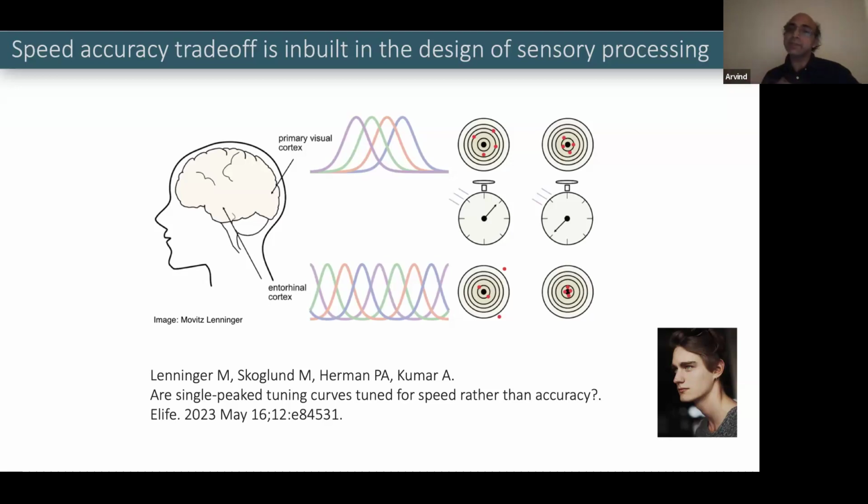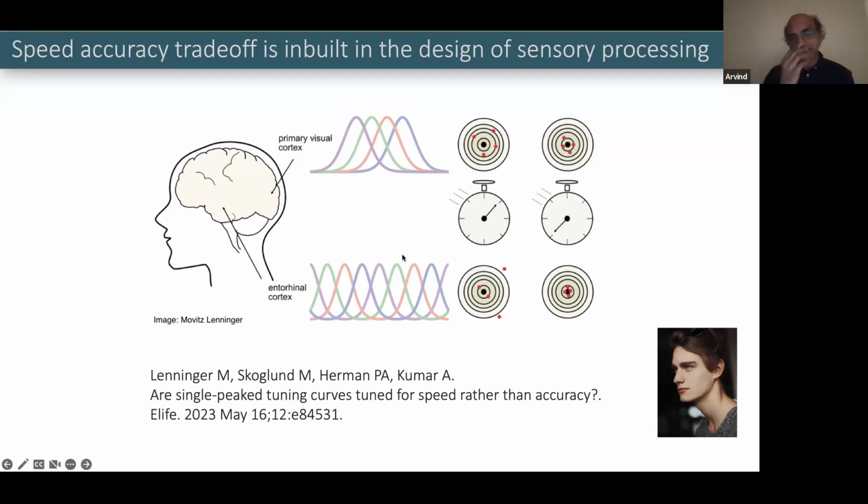So I think that's the way one can think of how speed accuracy trade-offs are perhaps inbuilt already in the sensory representation. In many ways, I think it makes sense that vision is fast. So you want something where you can get a reasonable estimate with good speed. Because if you miss it, you don't have so much time in natural world to look at things, as opposed to variables like places, which I think are slowly moving, there you have more time and you can be more accurate.